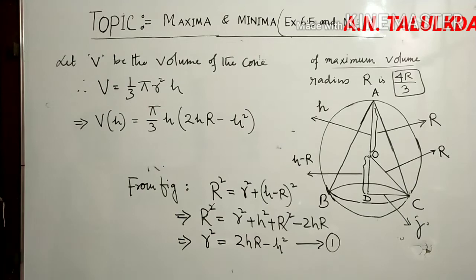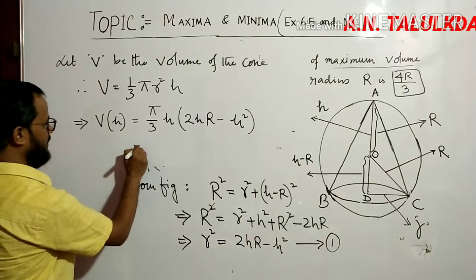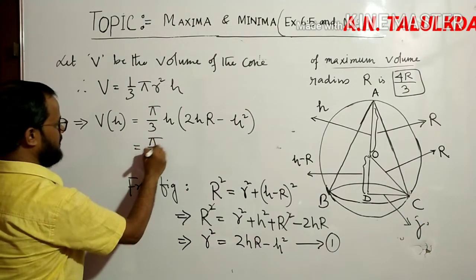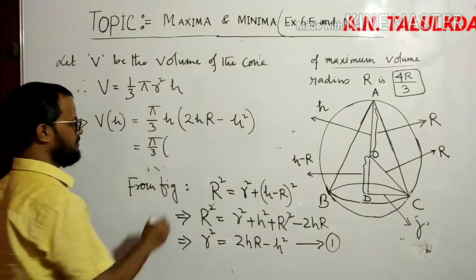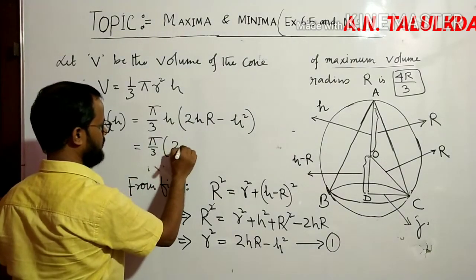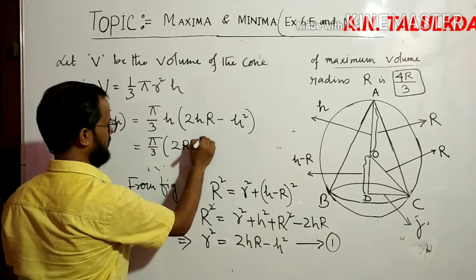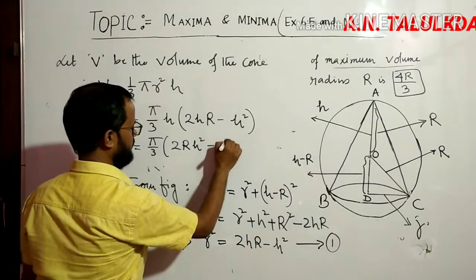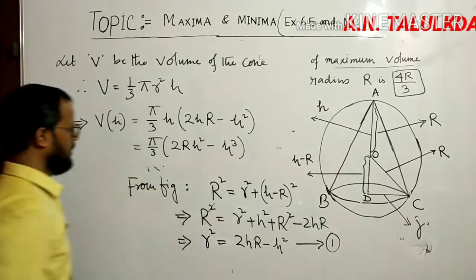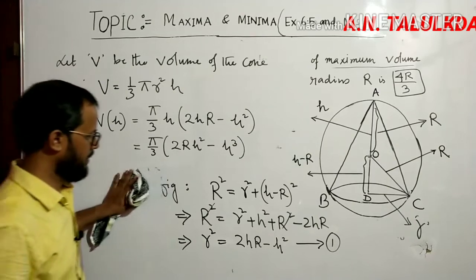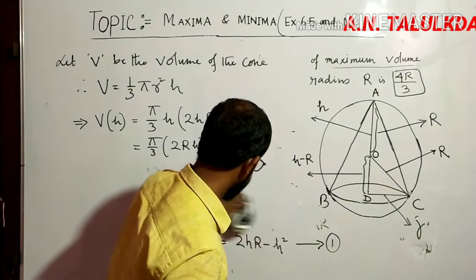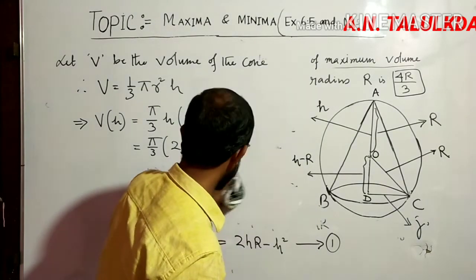Taking H inside, it becomes 2R H square minus H cube. So ultimately this is B. This relation number 1 will be required.